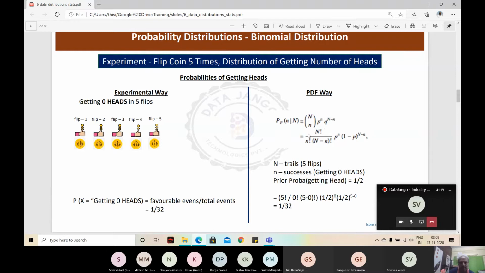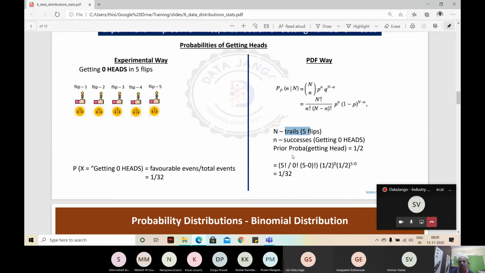The small n is the number of successes. Capital N is the total number of trials or experiments. The probability of getting head is 1 by 2 because there are 2 possibilities, and out of those 2, only one is in favor, getting head.